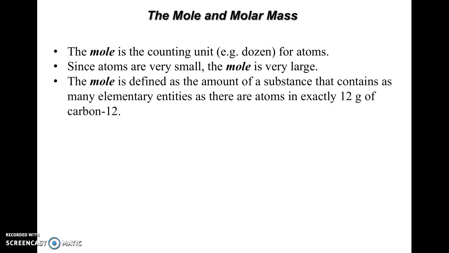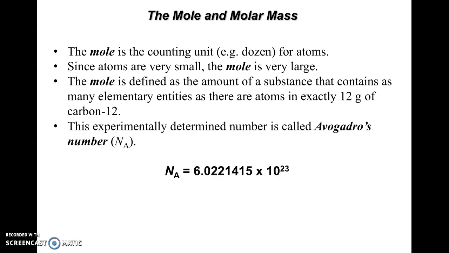It is defined as the amount of a substance that contains as many little pieces, elementary entities, as there are atoms in exactly 12 grams of carbon 12. So we're back to that definition we've used before. This number can be experimentally determined, and I think that's actually a lab we're going to do this semester.